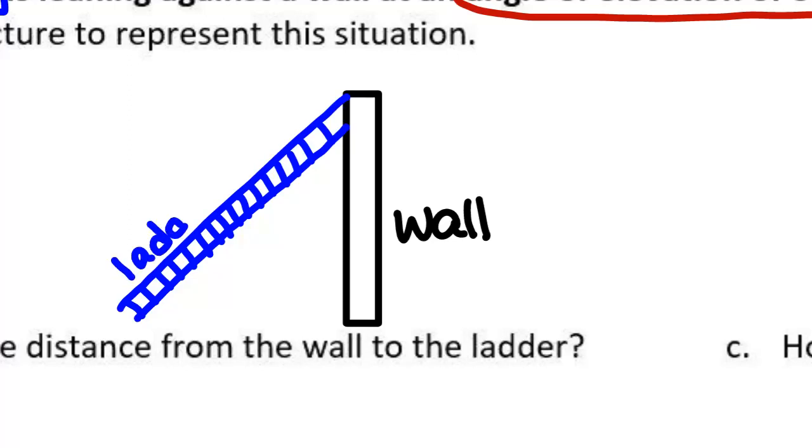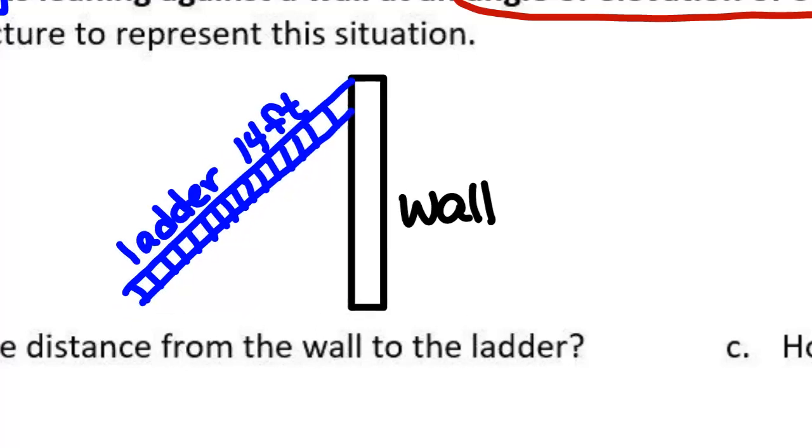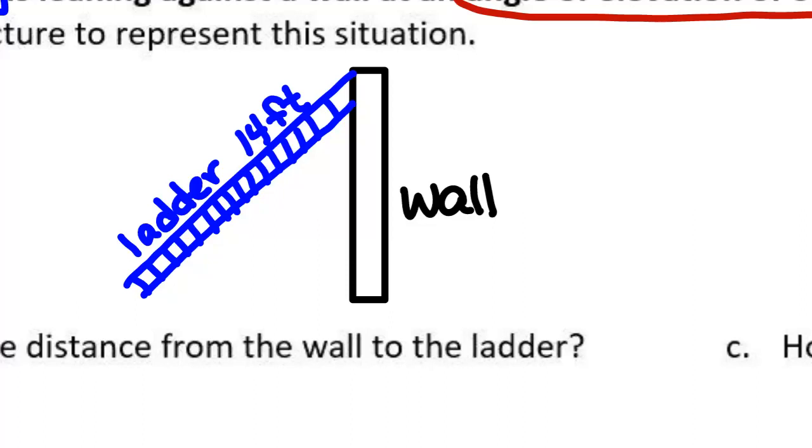What do we know about the ladder? It's 14 feet. And the ladder and the wall both have to be resting on what, or else this doesn't make sense? They have to be resting along the ground.